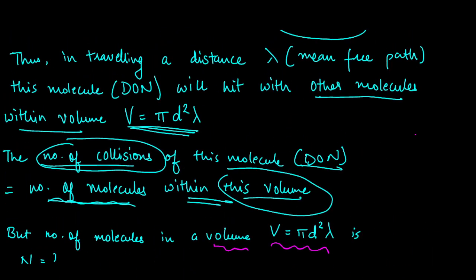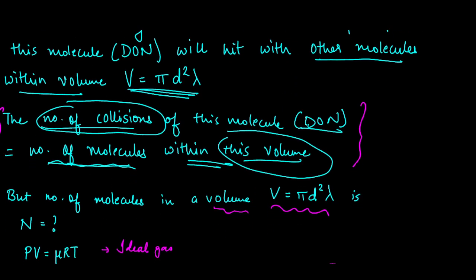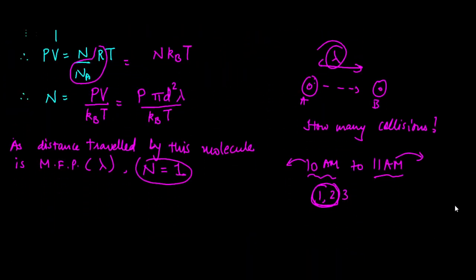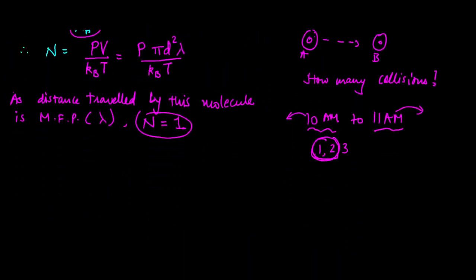Refer this line. However many molecules are inside, that many collisions happen, so how many collisions happened? 1 collision. While it goes from A to B, it has 1 collision. Yes, exactly. Right? So there is 1 collision. Now if there is 1 collision, that means this distance is mean free path.